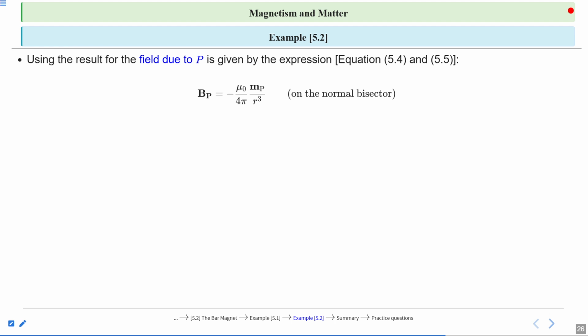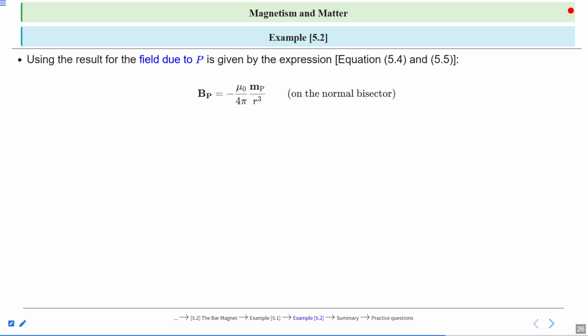So using the result for the field due to P, given by equations 4.5, 5.4 and 5.5, the magnetic field produced by the P needle is given by BP equal to minus mu naught MP upon 4 pi r cube.